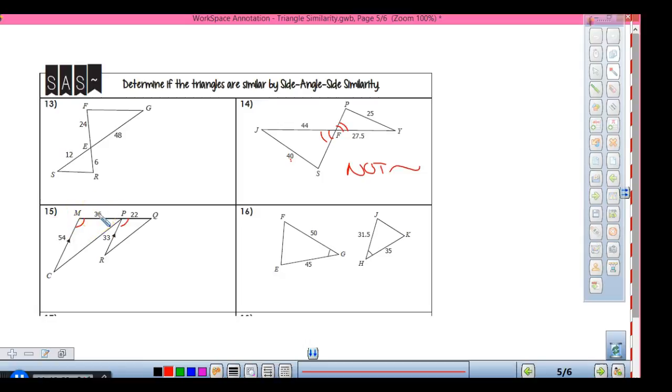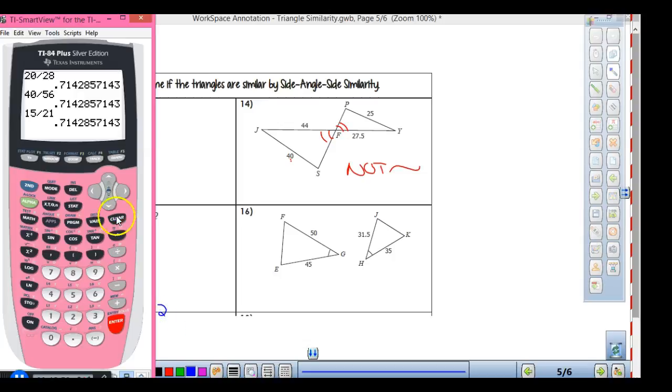Okay, so now I've got to check my sides. 54 is to 33. 36 is to 22. So let's check them. What do we say 54 is to 33?